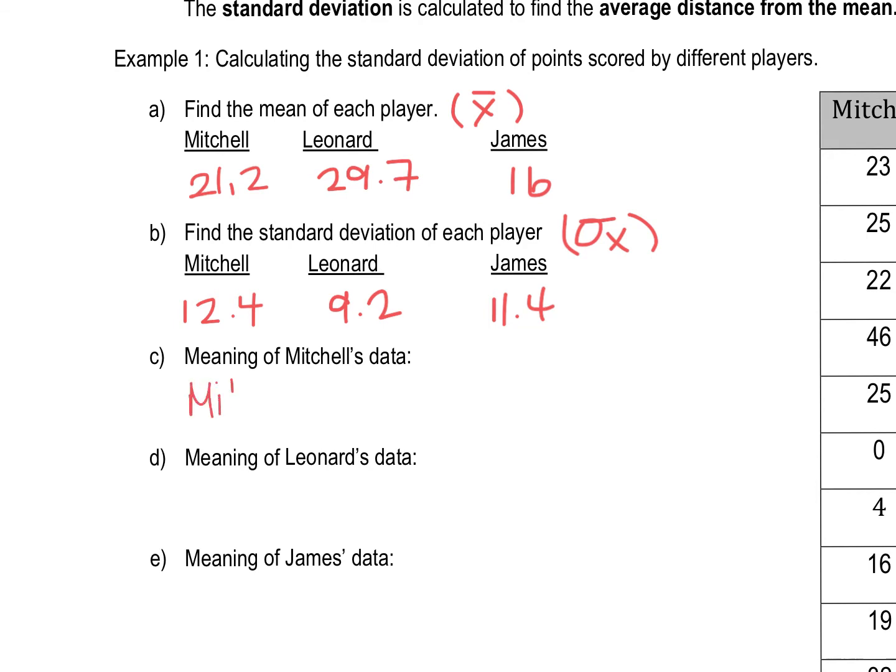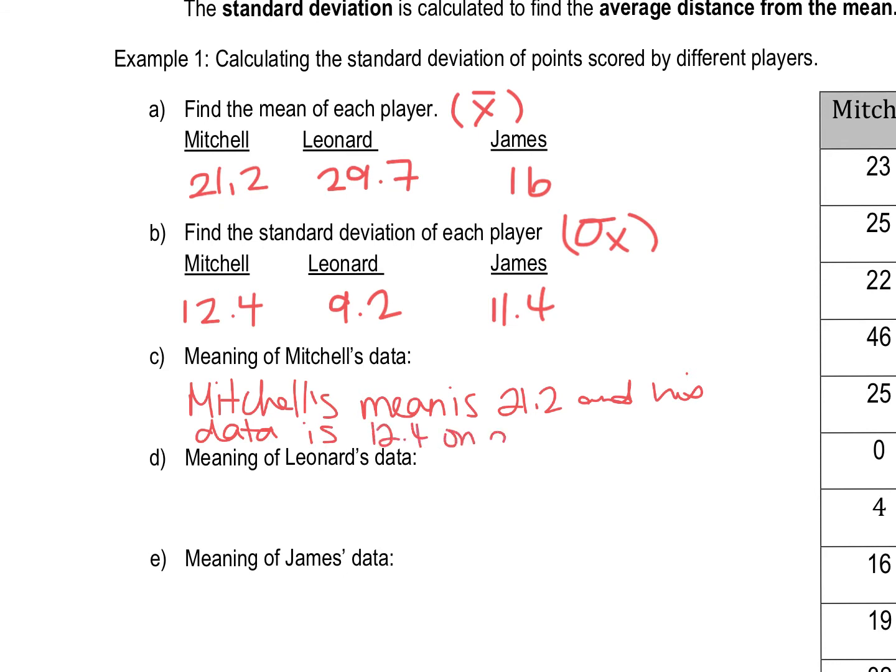So Mitchell's average, let's actually use the word mean. Mean is 21.2 and his data is 12.4 on average away from the mean.